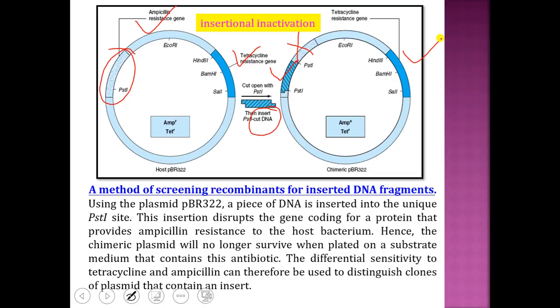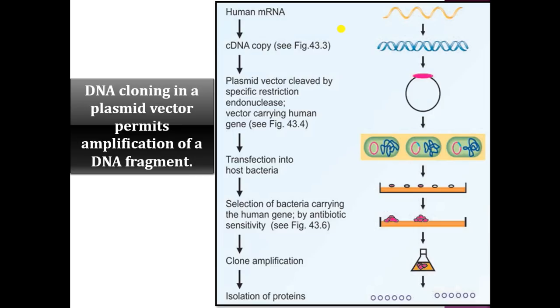Those having a plasmid without the insert DNA will be resistant to both ampicillin and tetracycline, and the host cells having our gene of interest will lose their resistance to ampicillin. So based on this insertional inactivation of antibiotic resistance, we can identify our transformed host cells. This is the process.